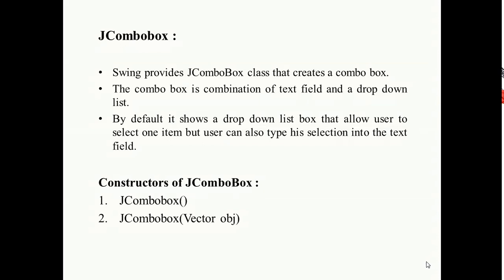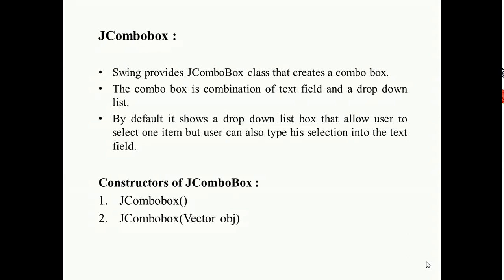By default, it shows the drop down list box that allows the user to select one item, but the user can also type his selection into the text field. So JComboBox is a combination of the text field and the drop down list. That's why the user can select one item at a time, but also the user can type his selection into the text field. The JComboBox is a subclass of the JComponent class.